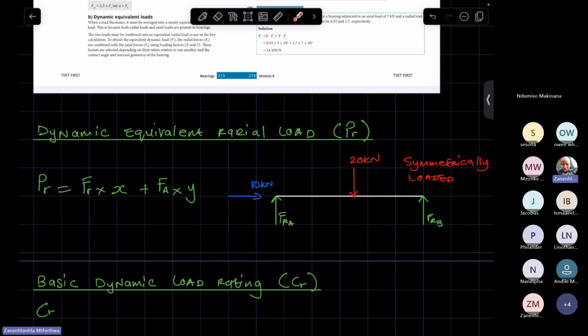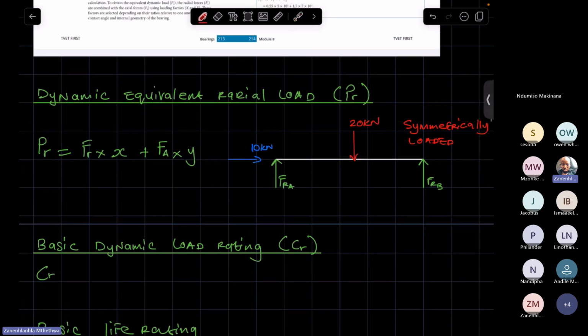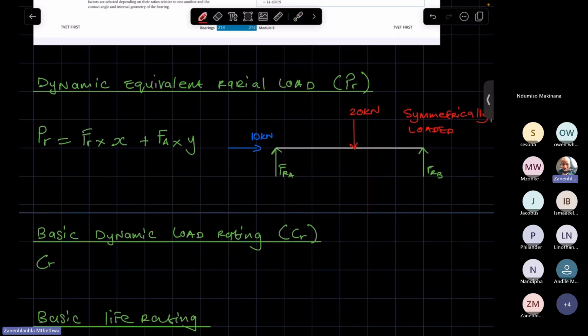Symmetrical means that the load being applied on the shaft is equidistant from both bearings. Because this is symmetrical, instead of taking moments, you could simply use sum of forces going up being equal to the sum of forces going down.